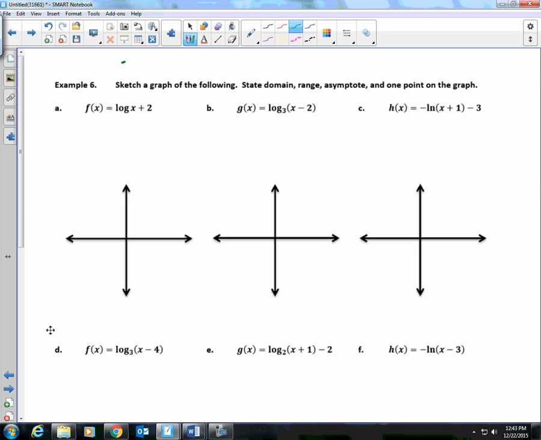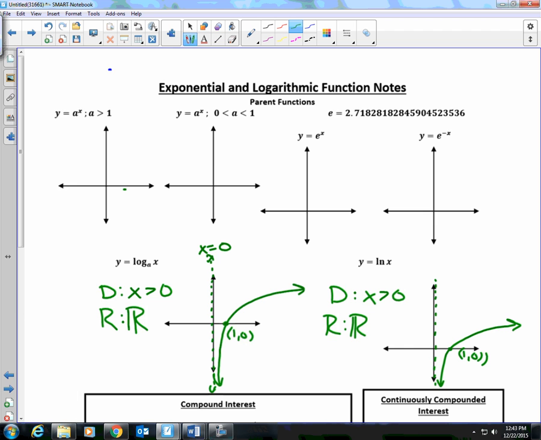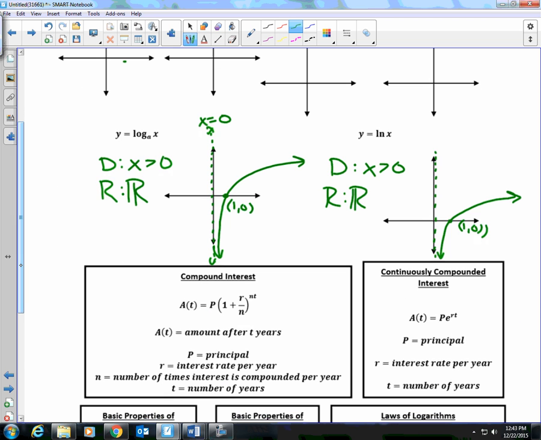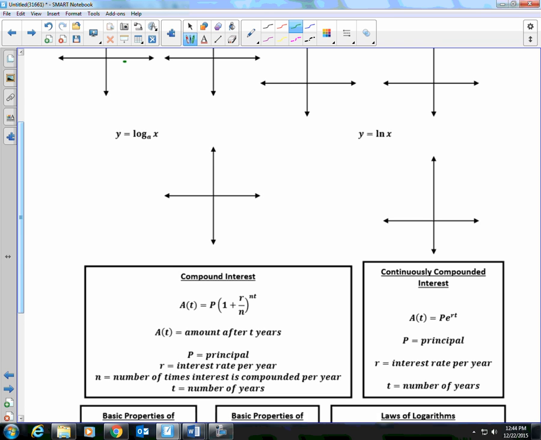Okay, so now let's actually sketch these graphs using what we know about the parent function. But before we write these down here, please flip to the very last page so we can put together these notes right here. We already put together some graphs of exponentials. Now let's put together some graphs of logarithmic functions.